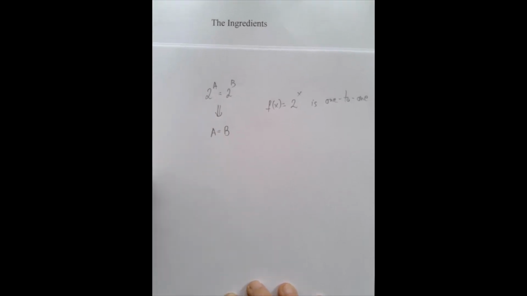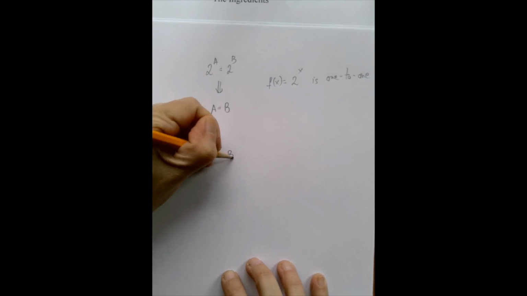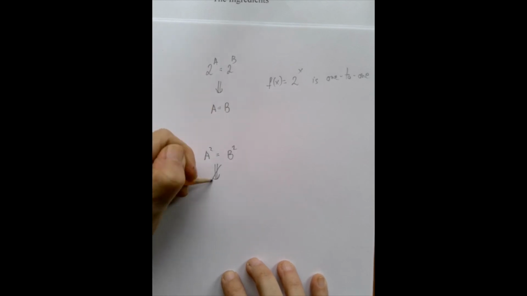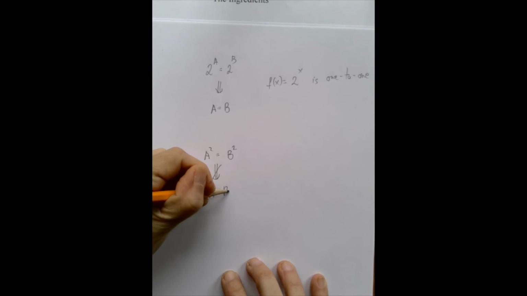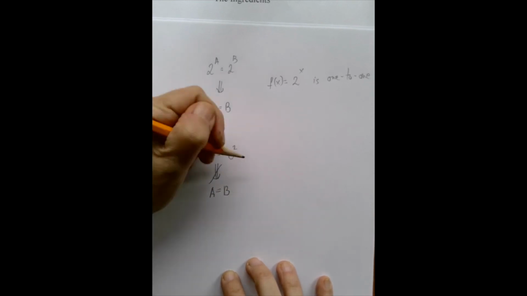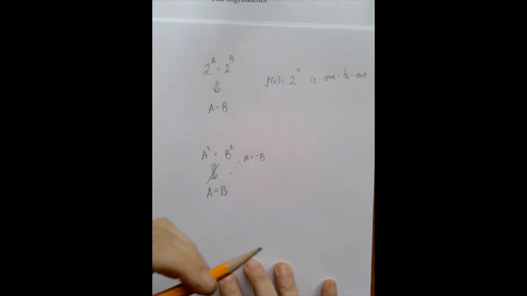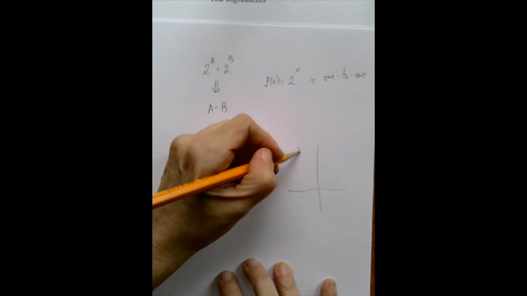That is not always the case. For example, a squared equals b squared does not imply at all that a equals b, or a equals negative b, right? Now the reason that this here worked and with the squaring function it didn't, is because the squaring function is not one-to-one.